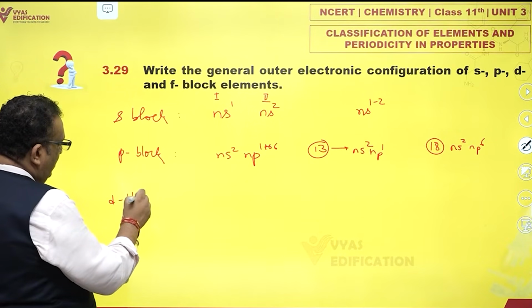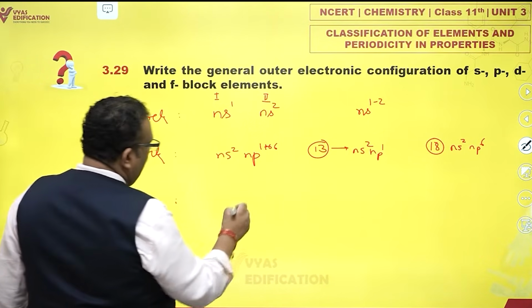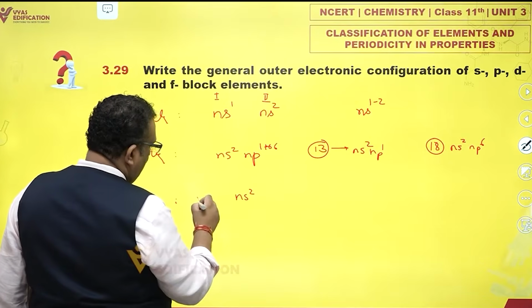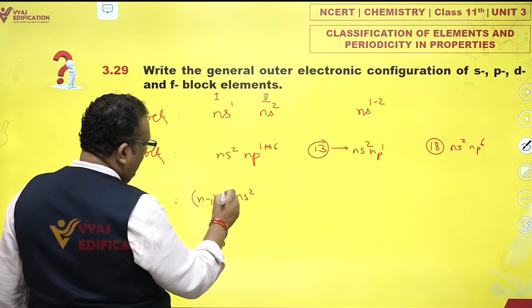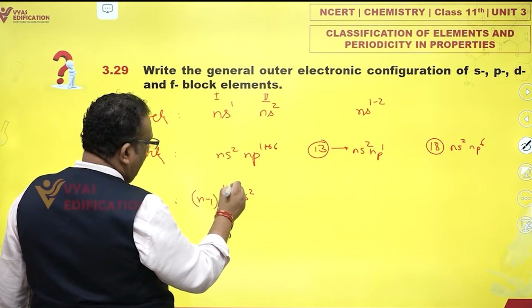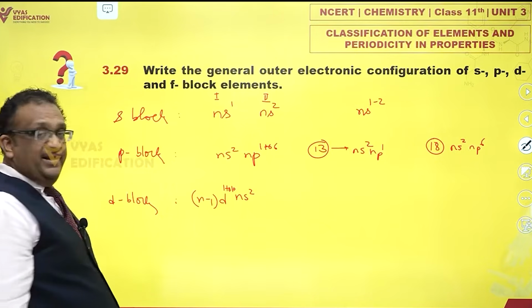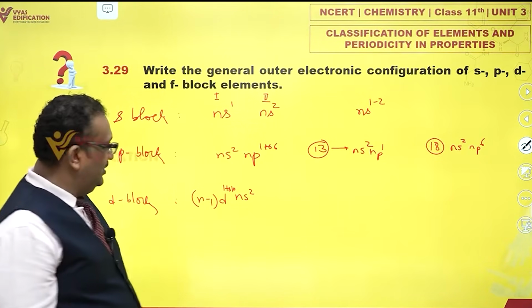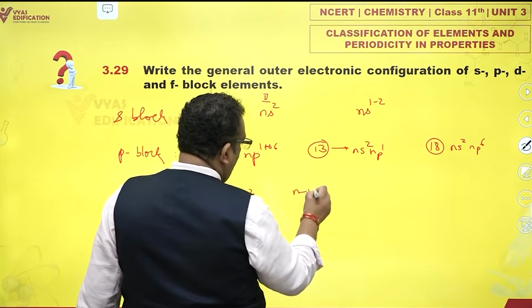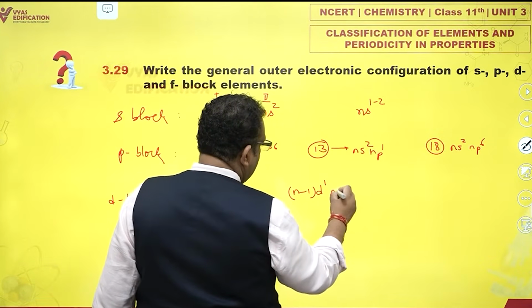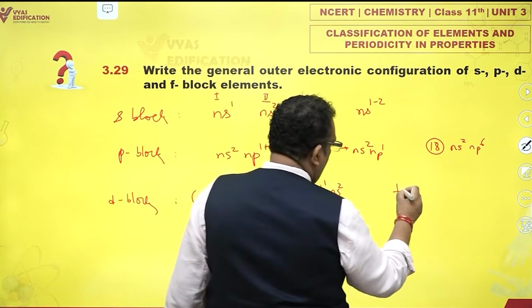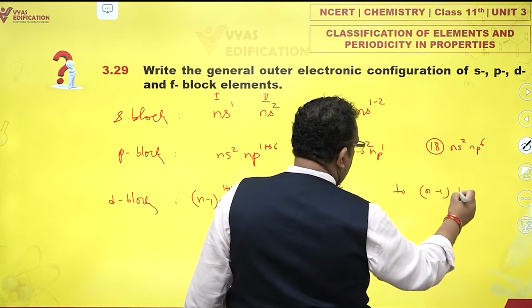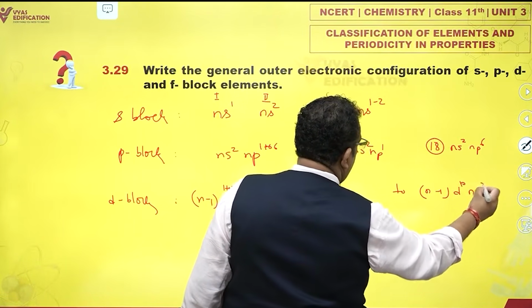If you look at d block, it gets more interesting. This is ns2, (n minus 1) d1 to 10. That is, ns2 (n minus 1)d1, up to ns2 (n minus 1)d10.